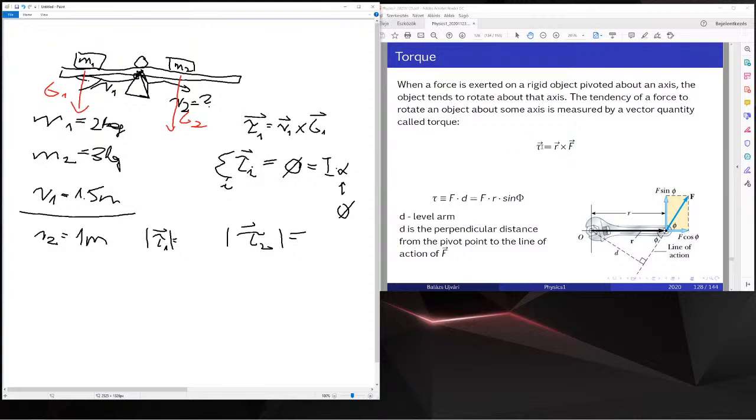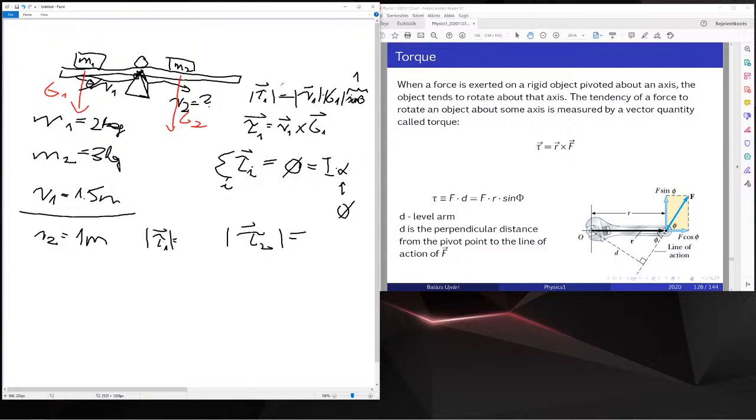So this is a vector. This vector comes out of your screen and points towards you. The length of the torque is the length of the radius, the length of the force, and the sine of theta, but this theta in this case is 90, so sine 90 is 1.